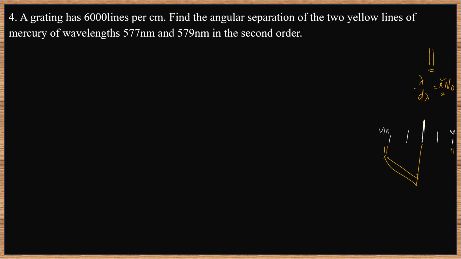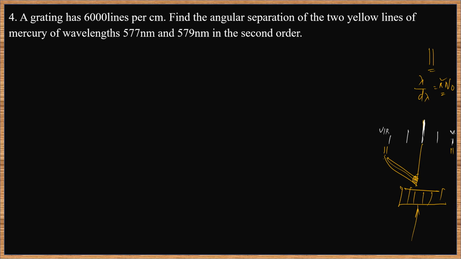There is some gap between these two lines which makes an angle with the normal. Here is a grating with the incident light. We need to find this angle of separation between these two yellow lines. How can we find that?